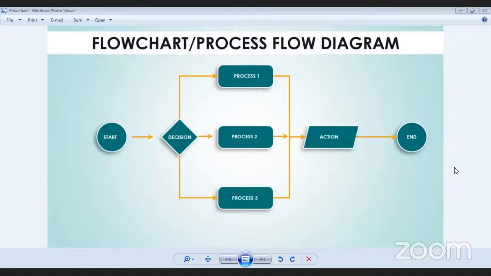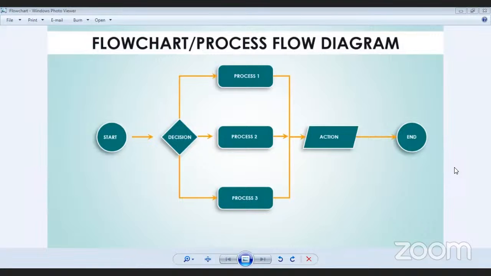So flowchart is a graphical representation of the problem solution procedure, so as to avoid any type of misunderstanding, any type of misrepresentation, any type of ambiguity.